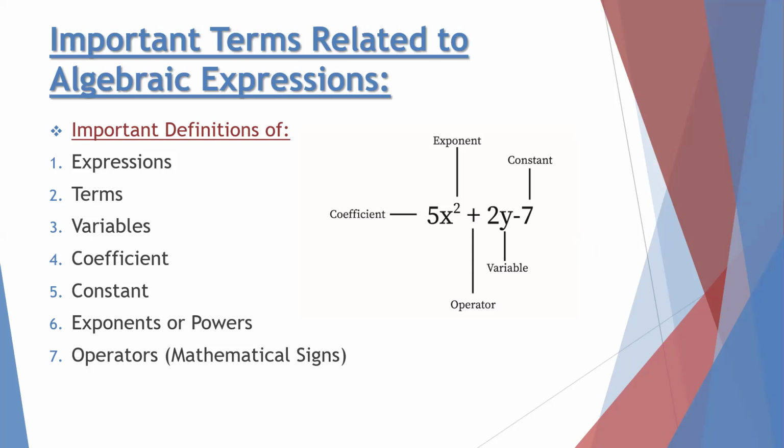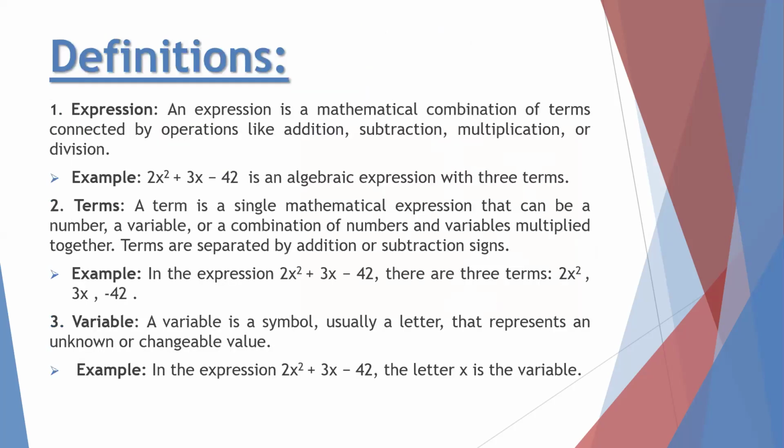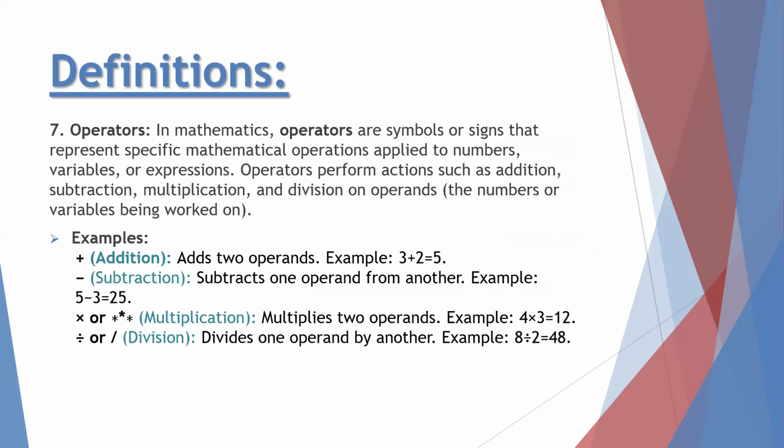Anything to the power is said to be an exponent, and that number is said to be the base. Here in this example, x is the base, 2 is the exponent. So these are the different definitions we have gone through.